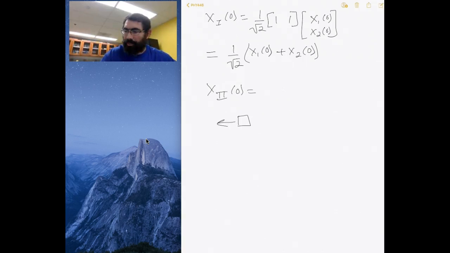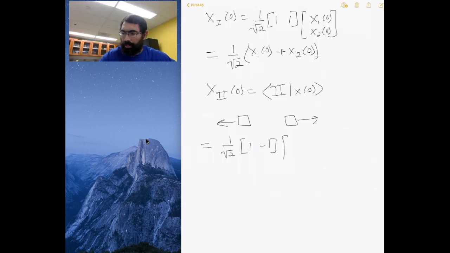Now if I work this out for the second system, the system where both of these masses are moving in opposite directions with each other, it's the same thing. It's the projection of basis state 2 onto the initial condition, which I can write out as 1 over the square root of 2, (1, -1), times the initial position of mass 1 and the initial position of mass 2.